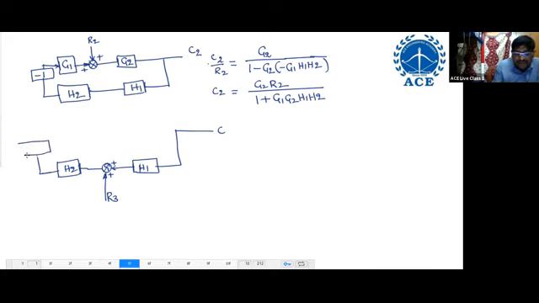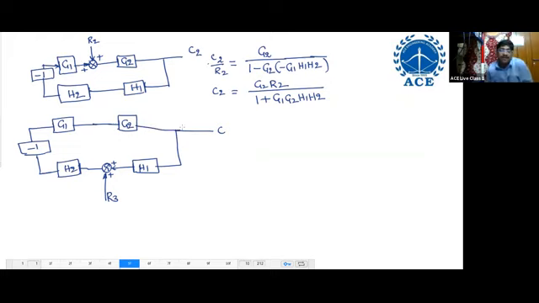Then -1, here -1. Then here G1. Here R2 also 0. That means here G2, then C.